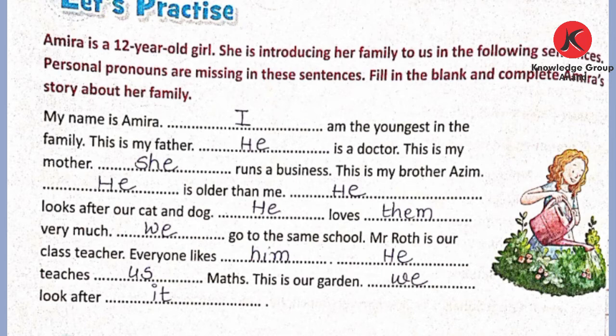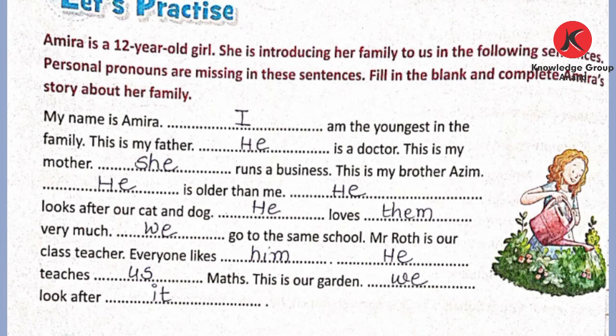He looks after a cat and dog. Again it is spoken about Azim in the paragraph. He loves them. Whom does he love? Dog and cat, so more than one, third person plural. He loves them very much.